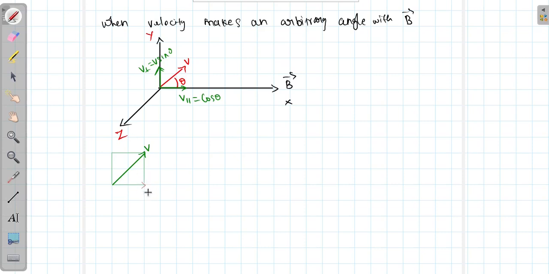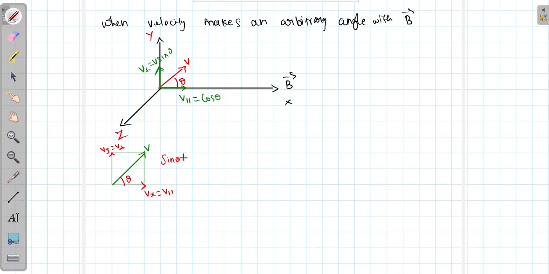This one is Vx, V parallel, and this is Vy, V perpendicular. This one is angle theta. So just consider this right angle triangle.